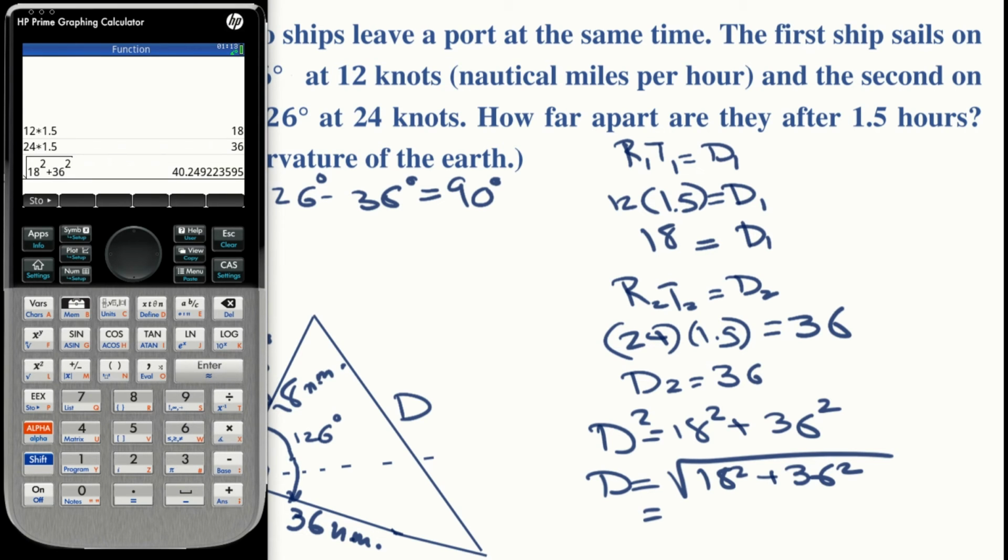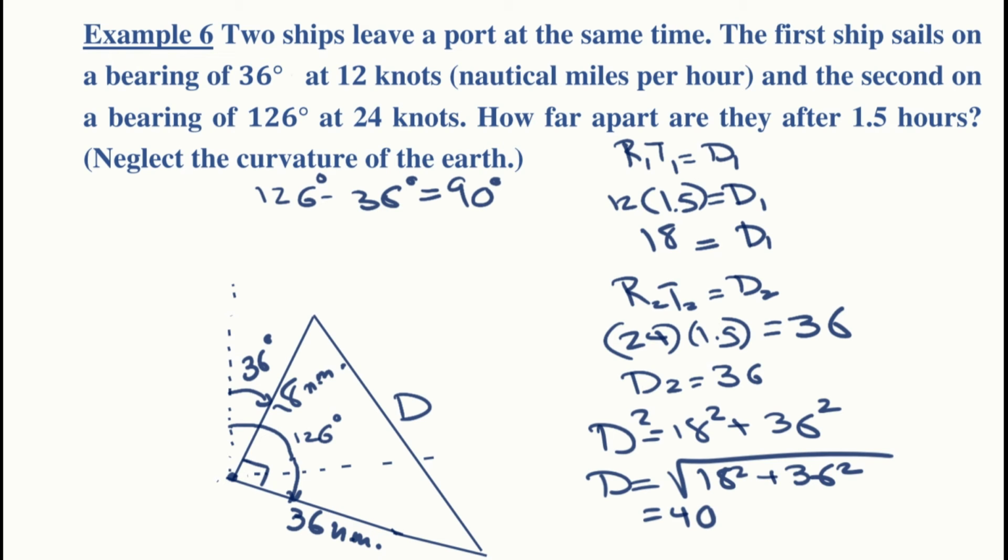And there we go. Since these other distances are given to us at 2 significant digits, we'll go with 2 here too. So basically 40 nautical miles. Like so. All right. So we are basically done.